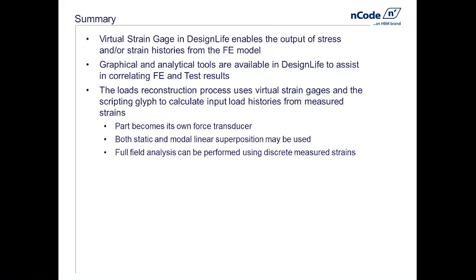With these virtual strains or stresses, I have the ability to start looking at correlation of measured data versus FE predicted stress histories. And again, if I can't correlate stresses, then I'll never be able to correlate fatigue. But it gives me a way to go in and look at my model and convince myself that I have actually represented the stress histories, which means I've got the loads and boundary conditions correct, so I can go to the next stage and do fatigue.